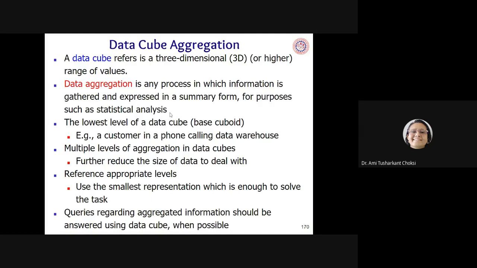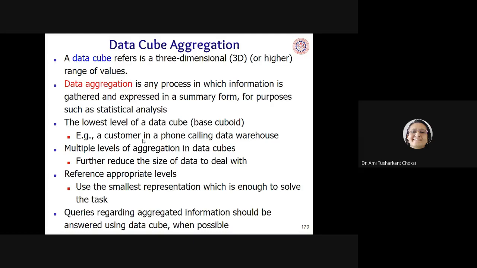So what we want to do is express the information in summary form, right? The lowest level of a data cube is called the base cuboid.